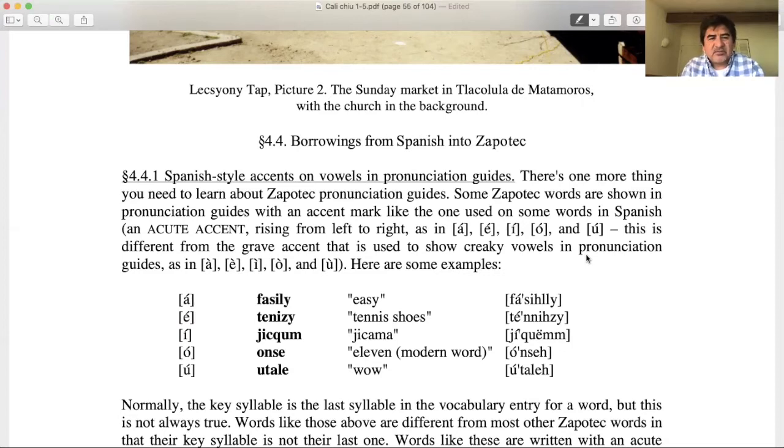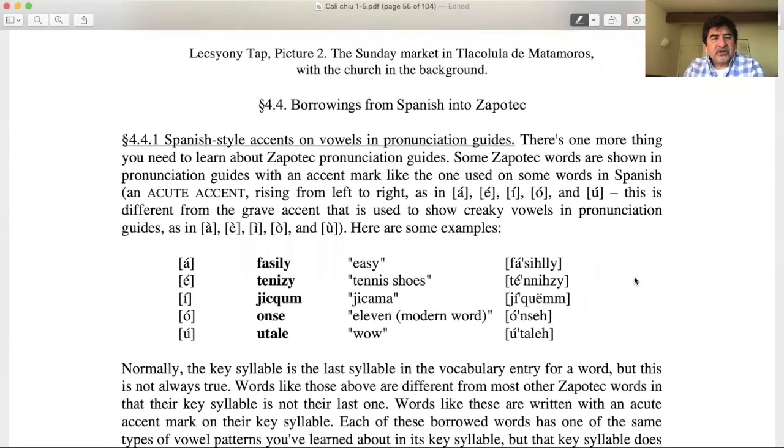In this case, Zapotec. So for me to help you best is just to go over the words so you can hear how they are pronounced. Please read the background and the other information in the book, because otherwise we won't get through all of this material.